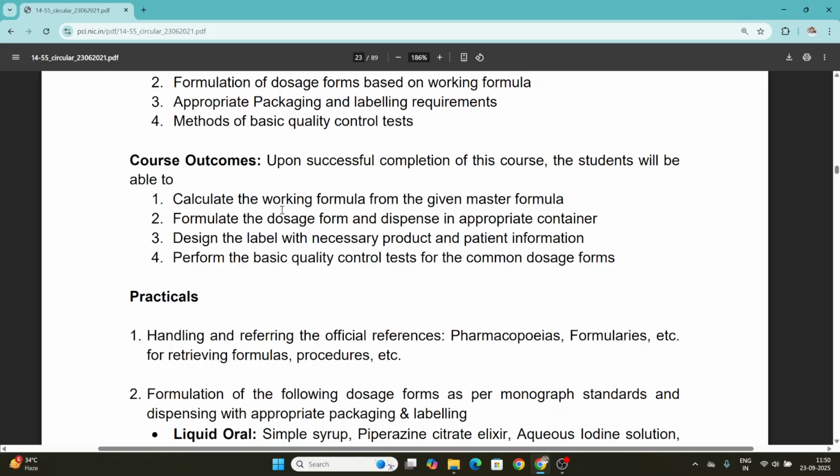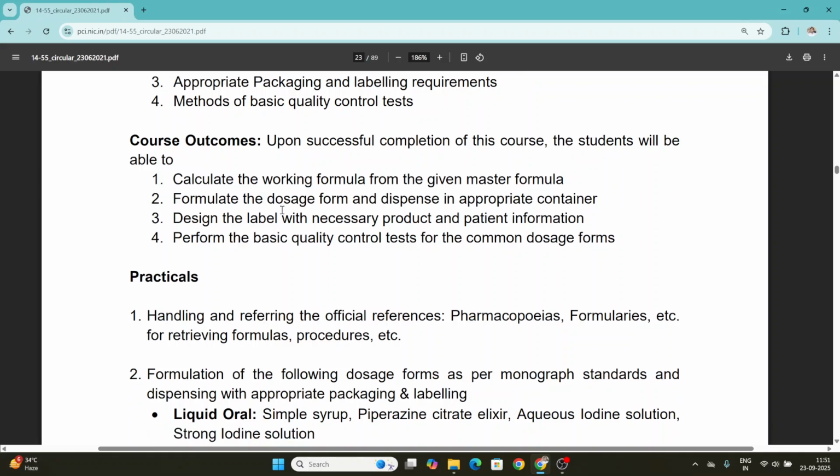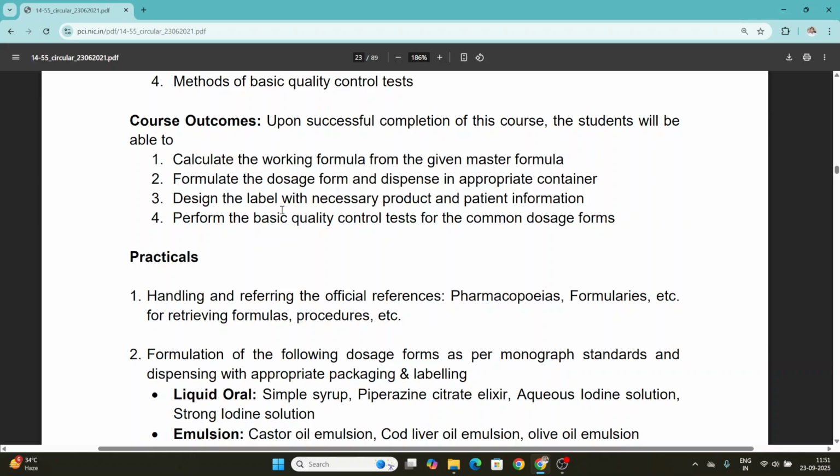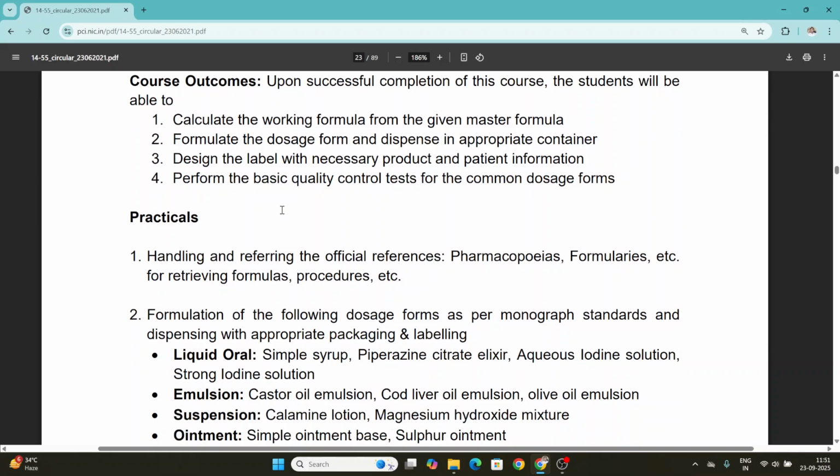So you will be making small quantities in the lab, and you'll have to make large quantities in the industry. So you must know about the working formula. You will also learn to formulate the dosage form and dispense in an appropriate container, design the label with necessary product and patient information, and perform the basic quality control tests for common dosage forms.